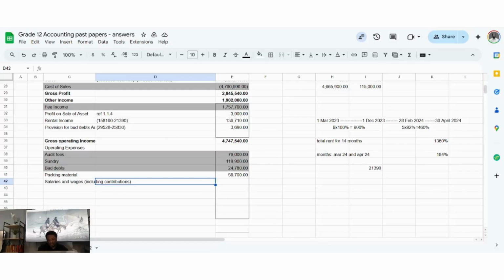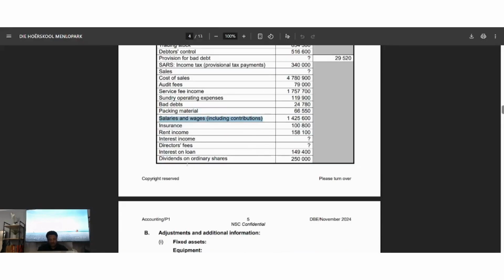And so in that case, you need to always be more alert to make sure that you understand that very, very thoroughly. And let's have a look then at how we can work this out. So let's look at the information. So what does the information say about these wages and salaries?